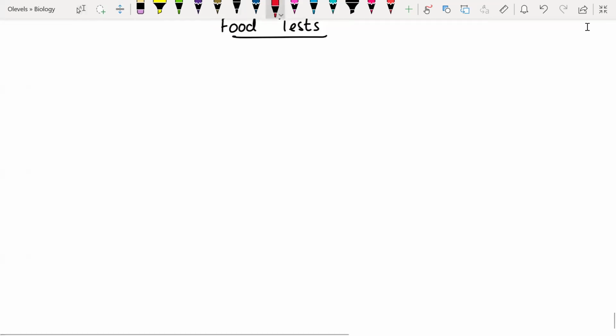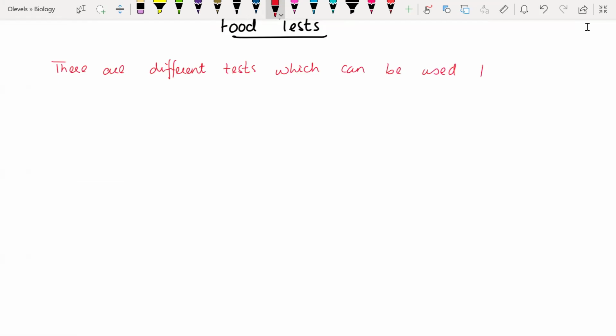Now we have to see some food tests. So we say that there are different tests which can be used to detect the presence of starch.